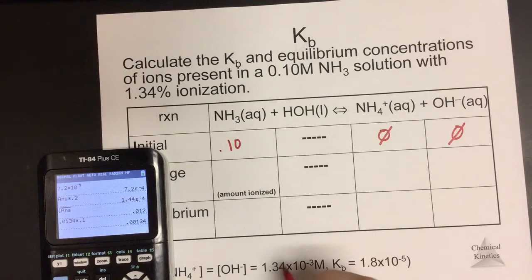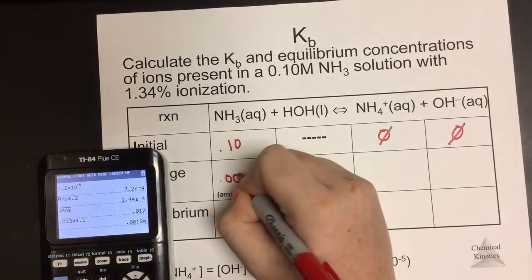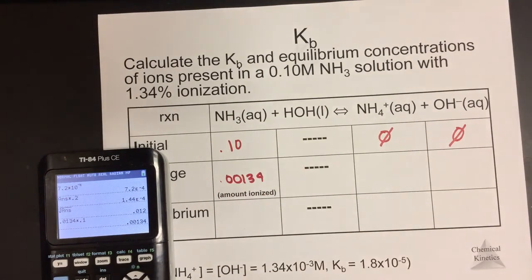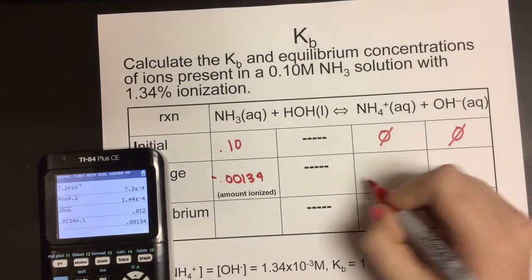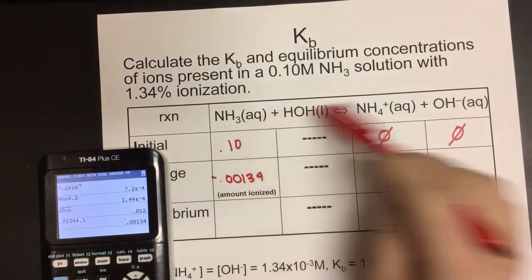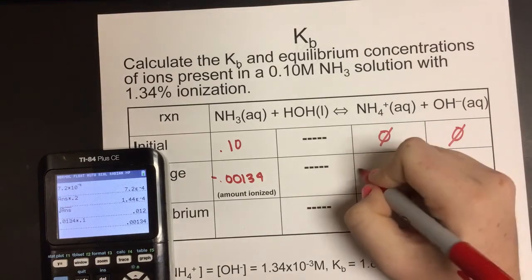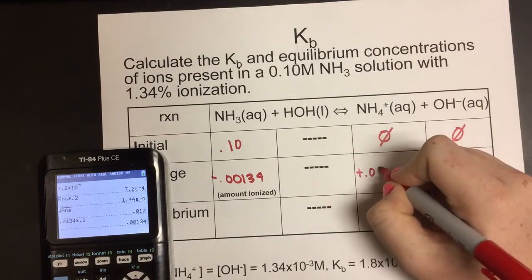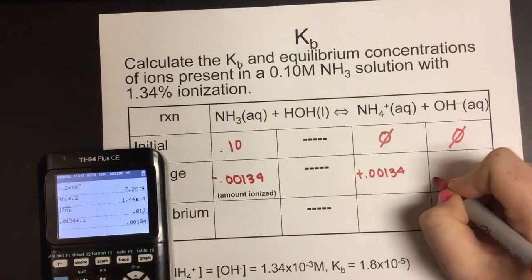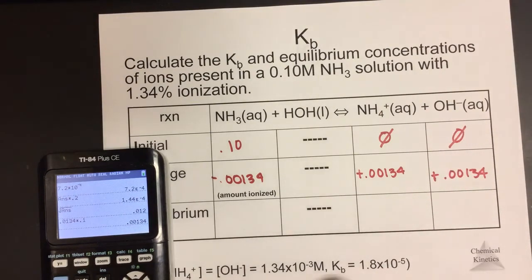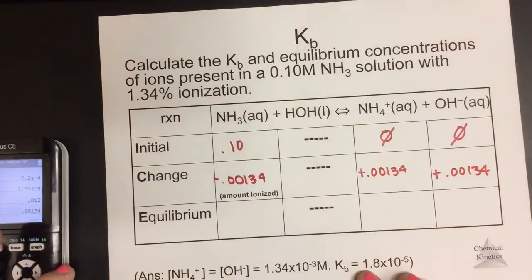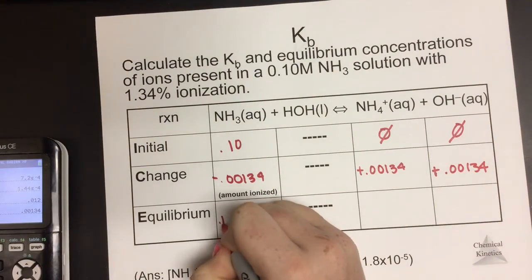And so you're going to get 0.00134, but that's negative because that's turning into an ion. And then over here, because they all have a stoichiometric coefficient of 1, it's just going to be plus 0.00134 and plus 0.00134.